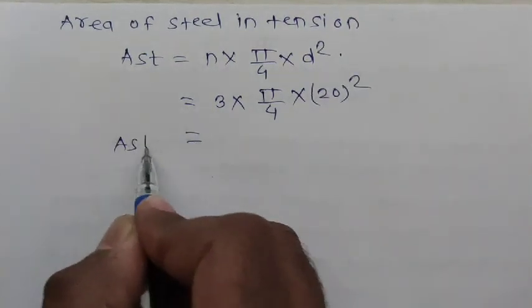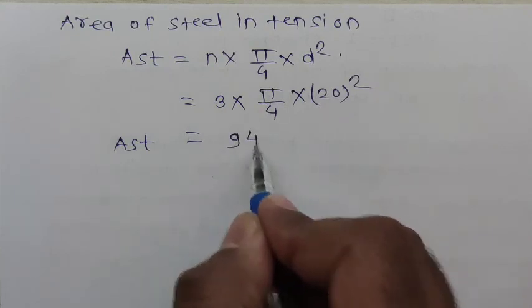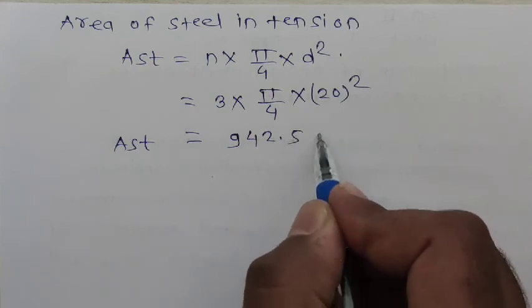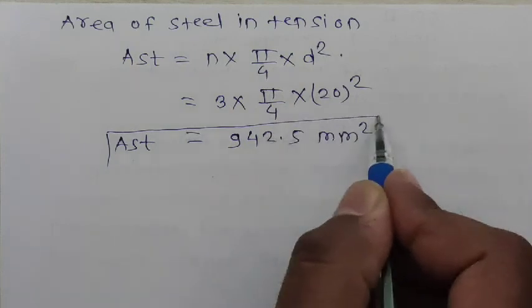Then AST is equal to, calculating these terms, we get 942.5 mm square. This is the AST.